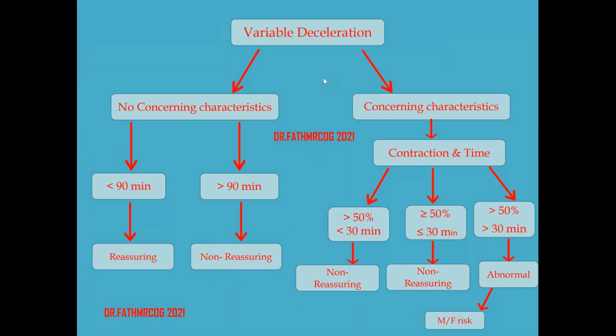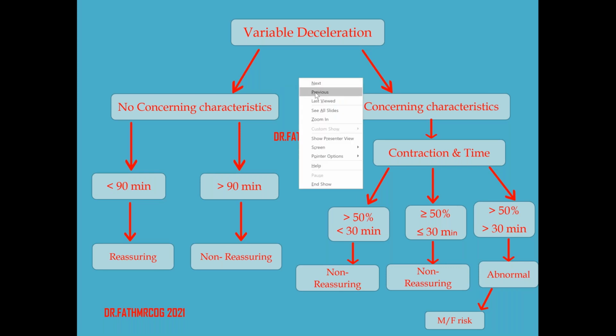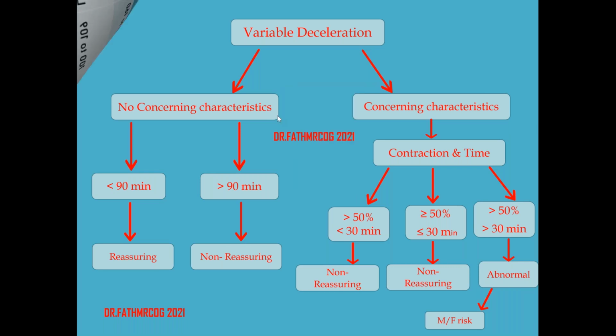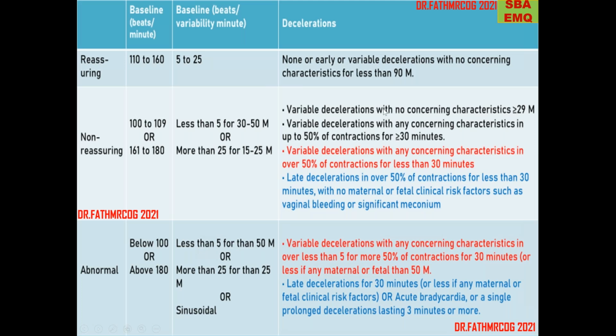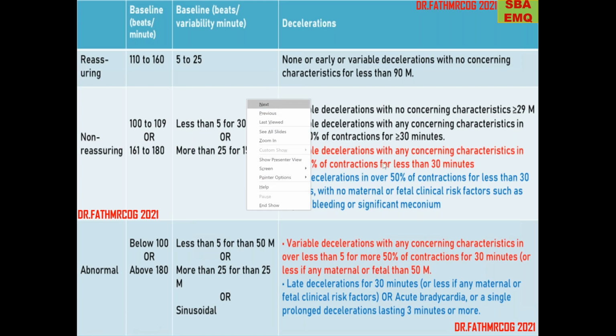So here we'll discuss if there's variable deceleration. This is a summary of the previous variable deceleration, because if you remember, there were many variable decelerations and it's really confusing. And we made this diagram to be more simplified, okay?